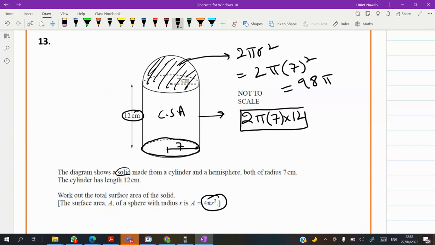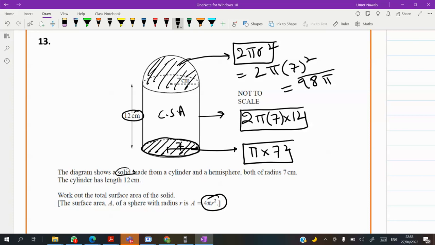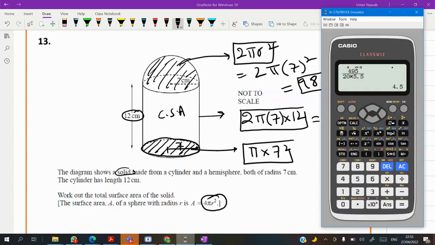And is it a solid cylinder? So we need to take the bottom as well. So the bottom is, guys, pi times 7 squared. So imagine we got three surfaces. First of all, the surface of the hemisphere, which is 2 pi r squared, and we found it is 98 pi. And then we got 14 times 12.